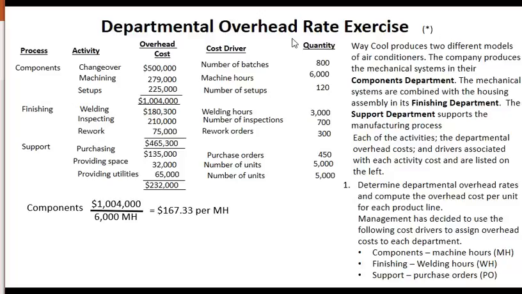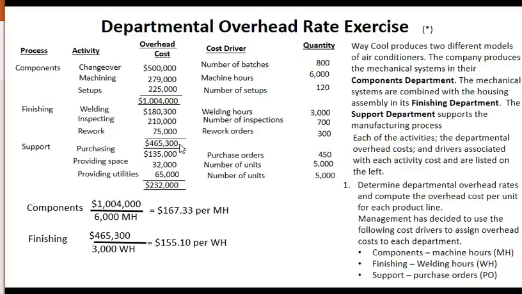We're going to divide it by the number of machine hours, because that's what management has established as the cost driver for components. So we take $1,004,000 divided by 6,000 machine hours, and we come up with a rate of $167.33 per machine hour.